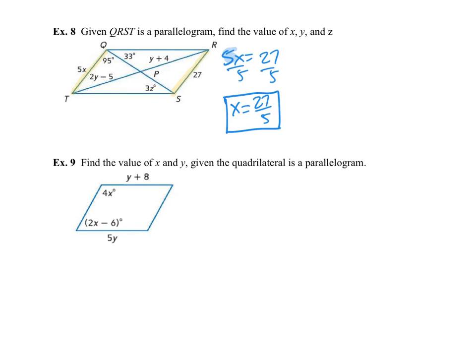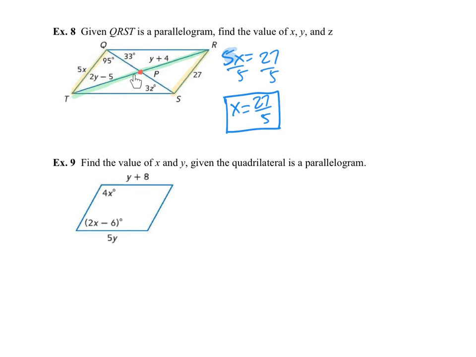Now let's talk about how we can find y. Well, let me highlight this diagonal. Remember, the diagonals of a parallelogram bisect each other, so that means that this is a midpoint, okay? And so this green diagonal is being cut into two congruent pieces.